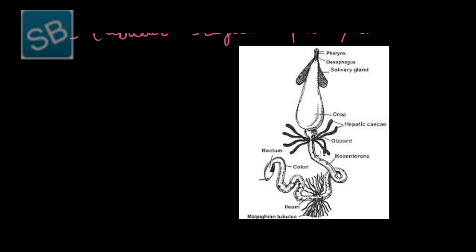Now, from the figure, it is clear that the alimentary canal of cockroach is basically divided into three basic regions. The region up till gizzard is known as foregut. Following foregut occurs midgut, which is followed by hindgut.